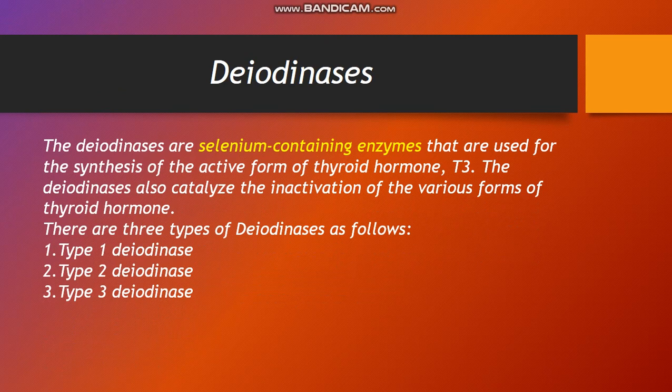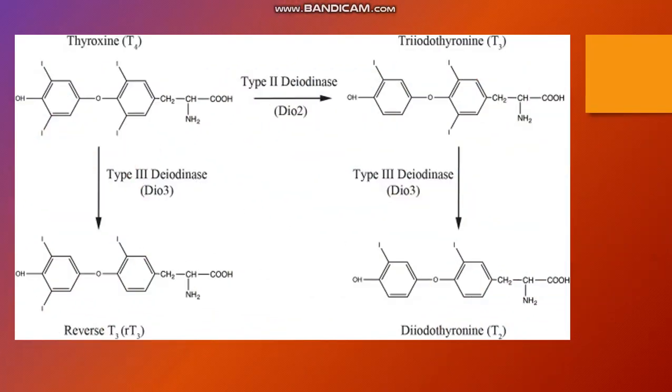There are 3 types of deiodinases: type 1, type 2, and type 3. You're looking here. What happens? Thyroxine, type 2 deiodinase, क्या कर रहा है? Triiodothyronine. Type 3 deiodinase, you are getting the reverse T3. And with type 3 deiodinase, you are getting the diiodothyronine. This is how the degradation takes place.